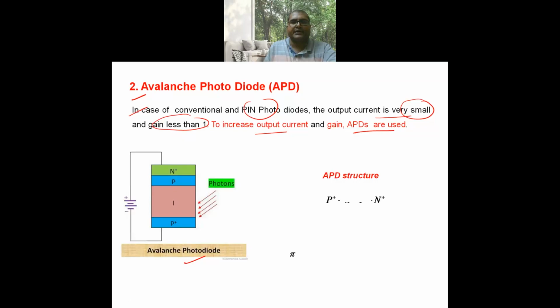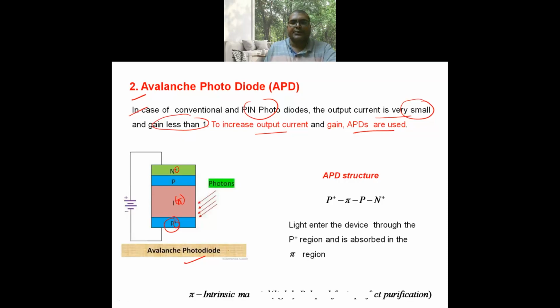The APD structure is P plus, pi, P, n plus. Here pi means the intrinsic region, and n plus means it is highly doped. Where plus is not included, it is moderately doped. The intrinsic region is P doped for imperfect purification.